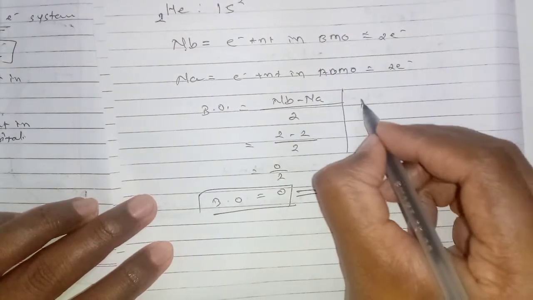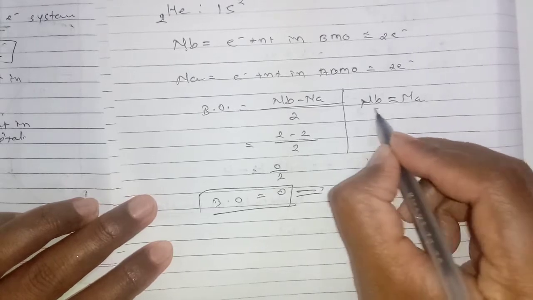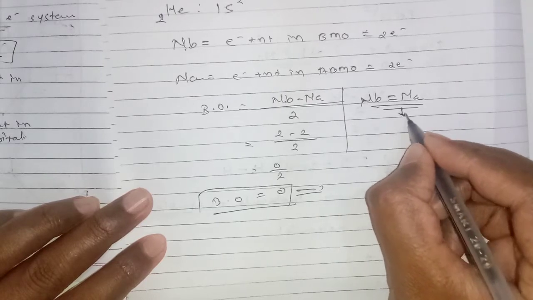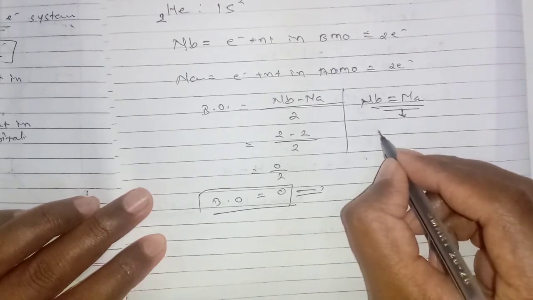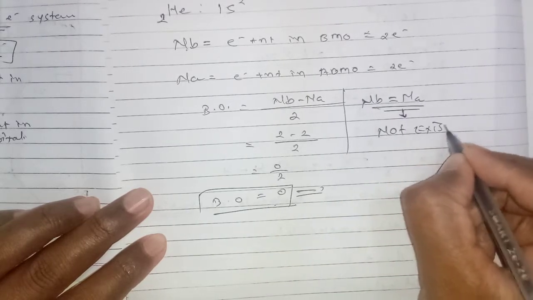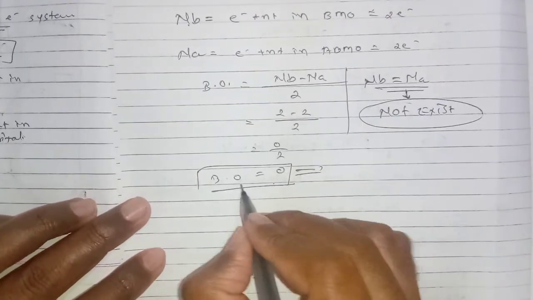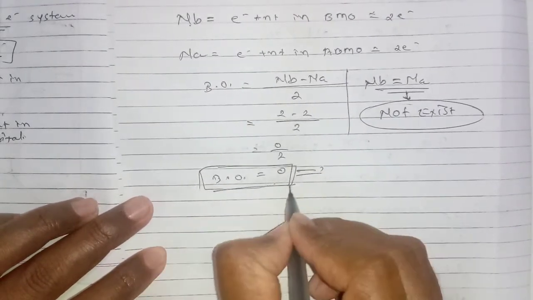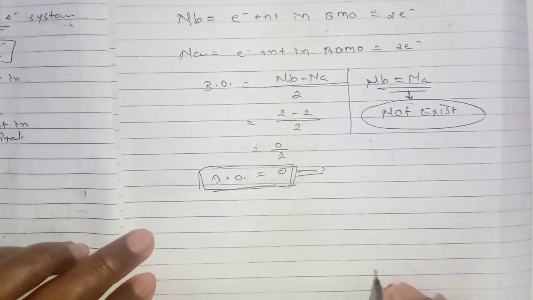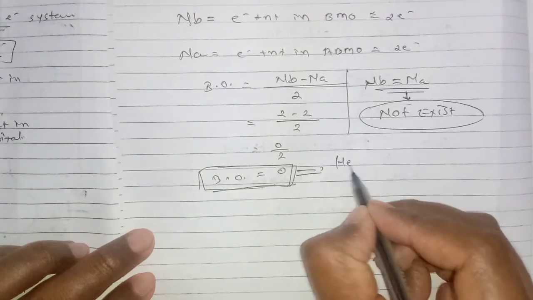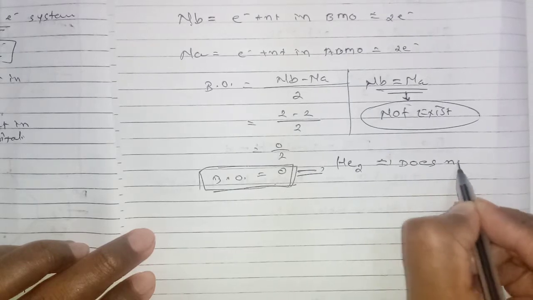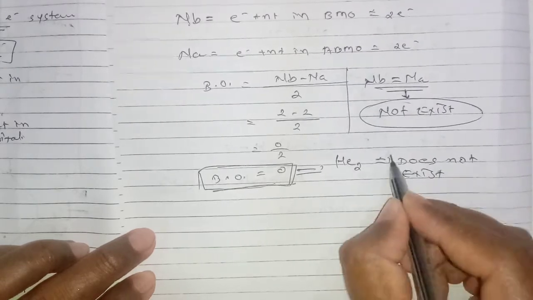And the second thing is Nb is equal to Na, so the bond order is 0, and this molecule does not exist because there is no bond order. So the He2 molecule does not exist.